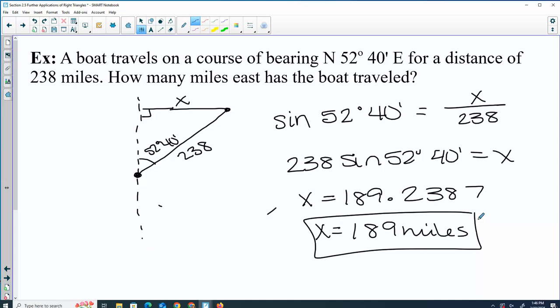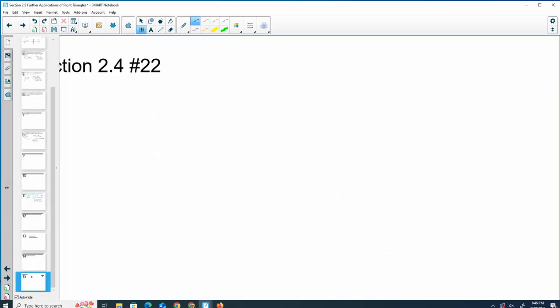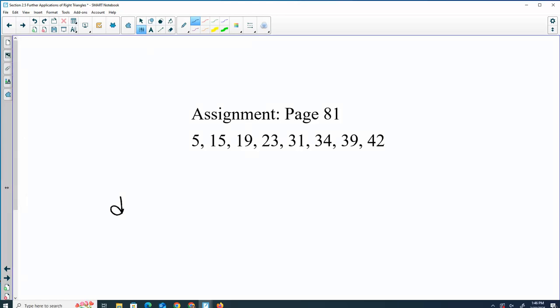I have more examples. I can do more today, or we could stop and then pick up with tomorrow. Do you guys want to stop and try some, see where we're at, and then tomorrow we'll do some more? So these problems are going to be due Wednesday. So 8 problems for the next 2 days.